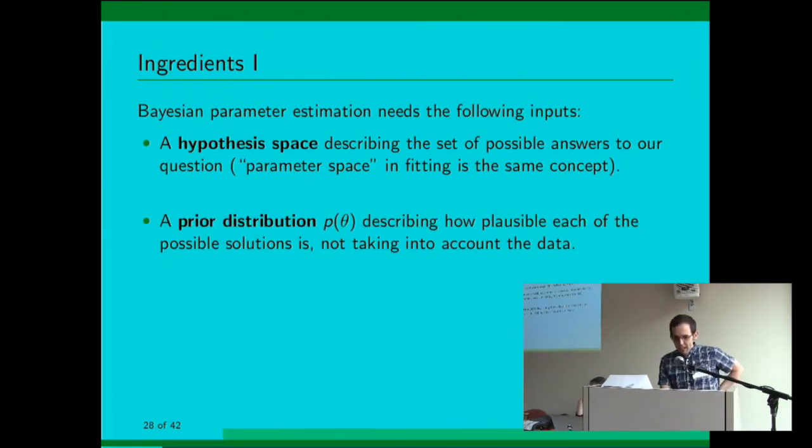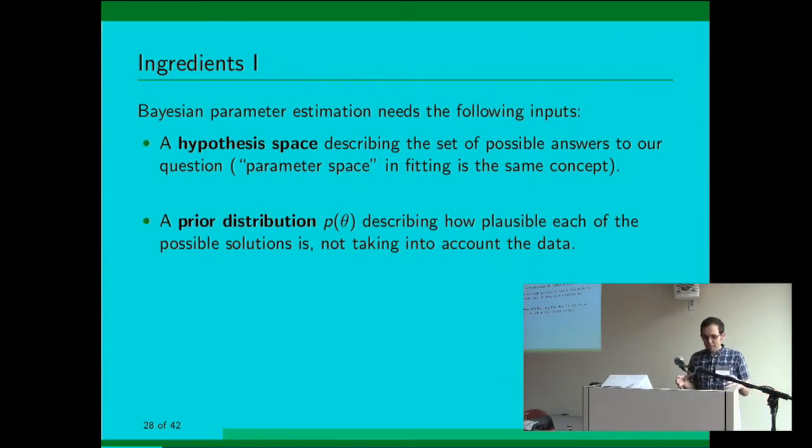Okay. So a recipe for doing Bayesian parameter estimation: first you come up with a hypothesis space or a parameter space, and anything that you're doing in data analysis that involves fitting and optimizing some function in parameter space, you already have your parameter space there. So if you're already minimizing chi-squared to fit a model to data, you already have this ingredient, the hypothesis space.